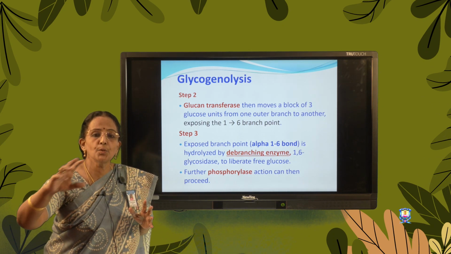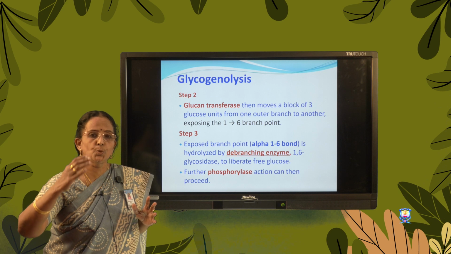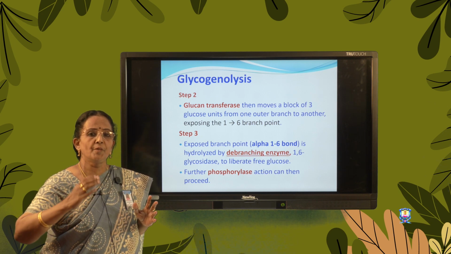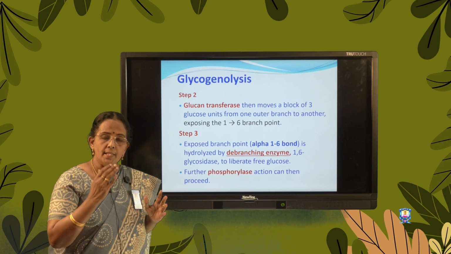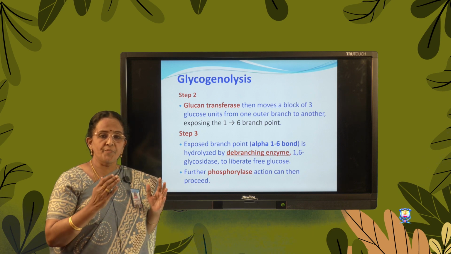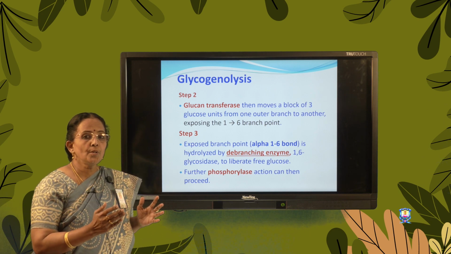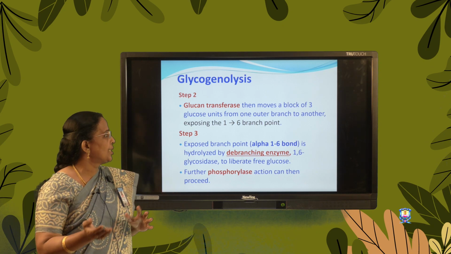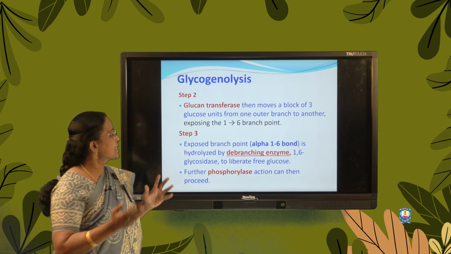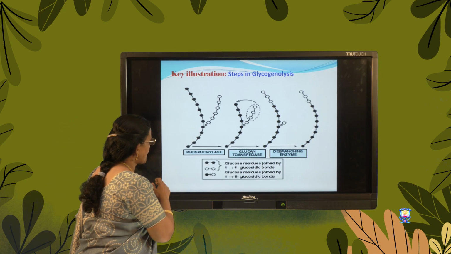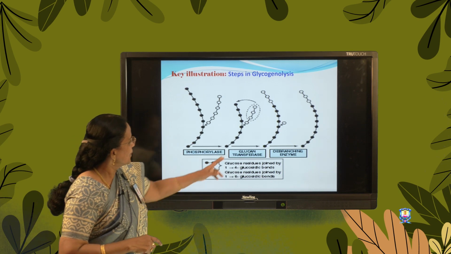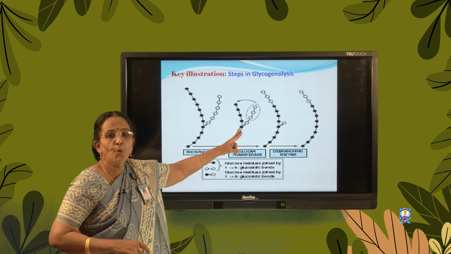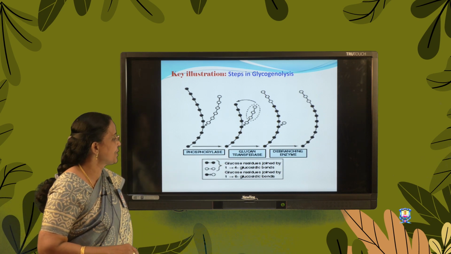So if there are 13 glucose molecules in a branch, the 13, 12, 11, 10, everything will be removed by phosphorolytic cleavage, catalyzed by the enzyme glycogen phosphorylase, the key enzyme, the rate limiting enzyme of this pathway, until about 4 glucose residues are left on either side. You can see in the illustration here the phosphorylase removing all glucose molecules. You can see in the next only 4 glucose residues are left on either side of the branch point.